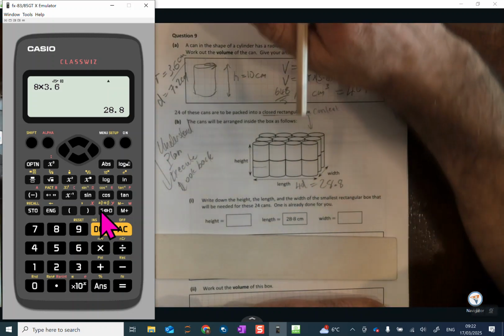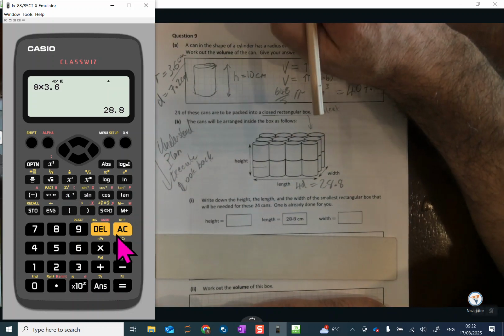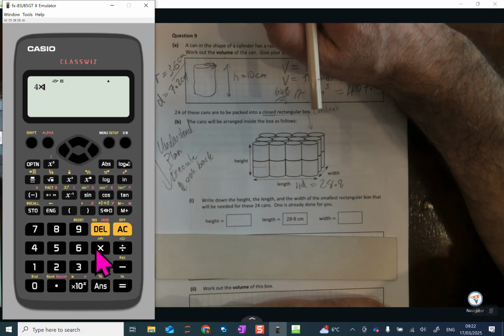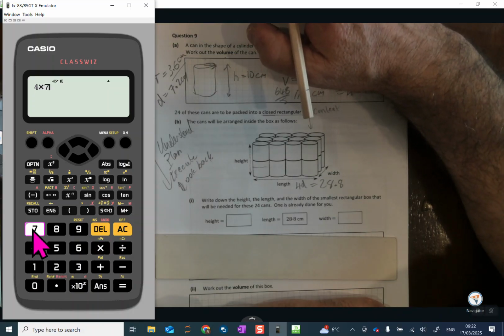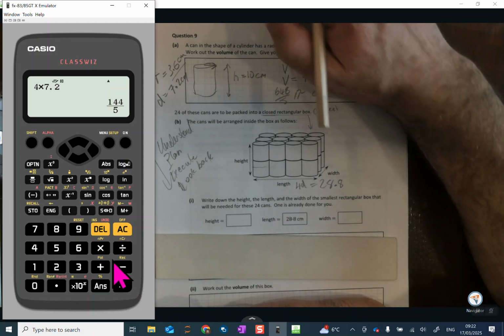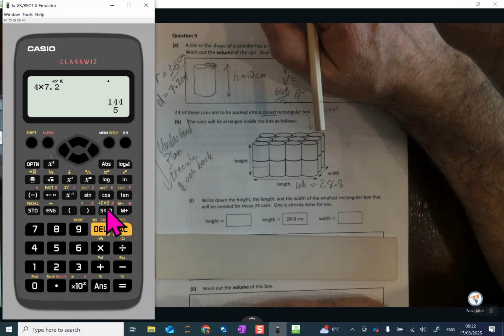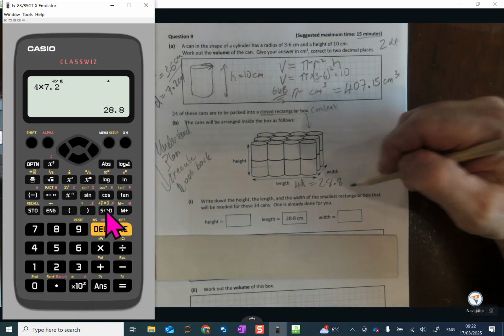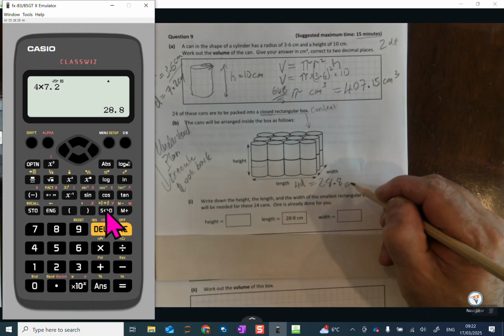And just to be sure, I'd like to also do 4 times 7.2, just to see does it give me the same answer. Oh, made the same mistake again, not do shift equals. 28.8. Okay, perfect. And so it's in centimeters.